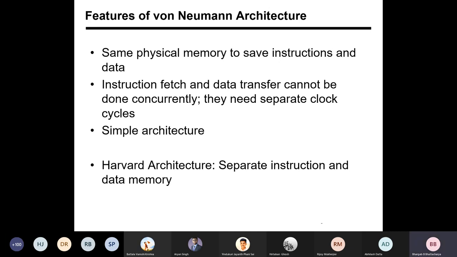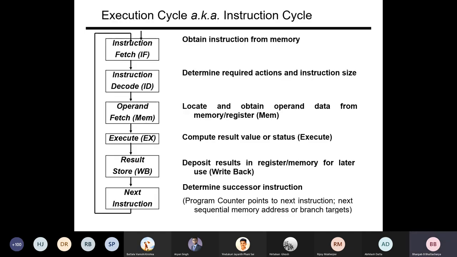And since you have the same memory, and at one instant of time the memory can be accessed only once because of the transfer mechanism and the transfer devices, therefore the instruction fetch and the data transfer cannot be done simultaneously. You need separate cycles. Just like in the previous case, the instruction is being fetched in this cycle and the operand fetch is being done in a different cycle. Now, what do you mean by cycles, by the way?